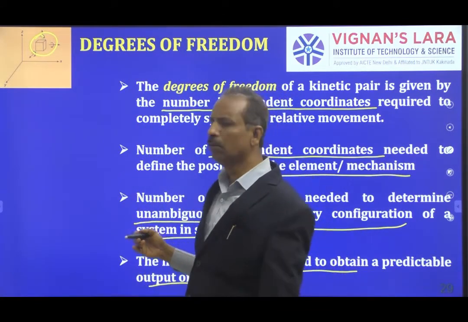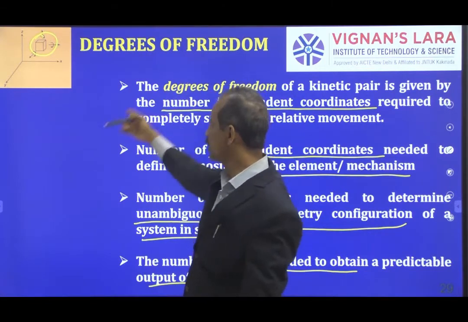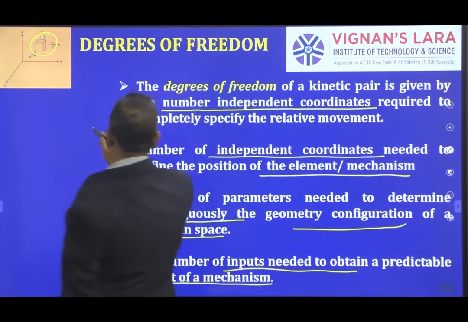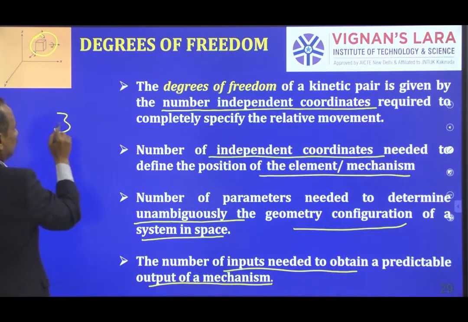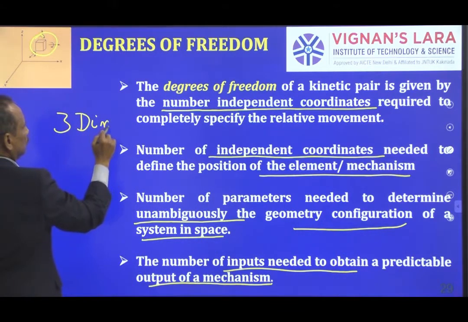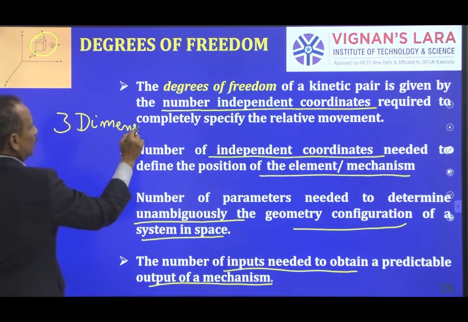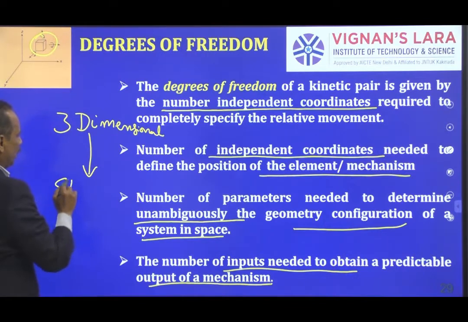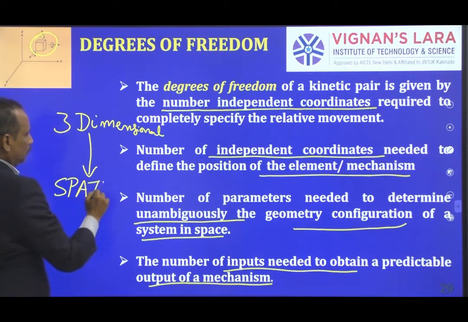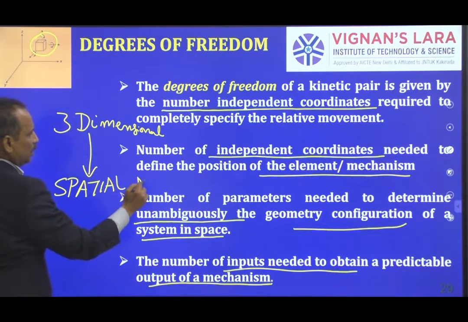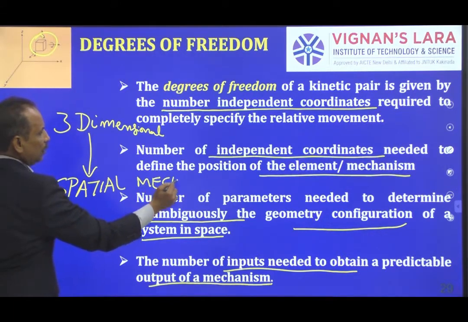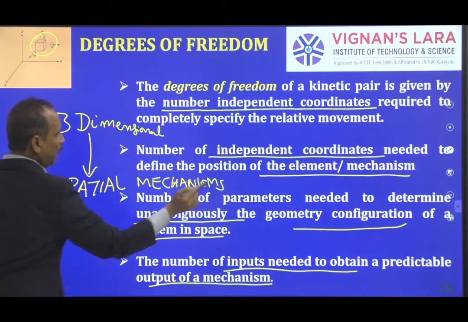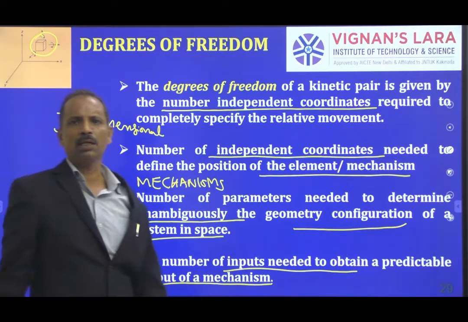Now up to this, what we have discussed is in free space. That is 3-dimensional, and that is applicable for spatial mechanisms. Yesterday we talked about 2 types of mechanisms, that is planar mechanisms and spatial mechanisms.